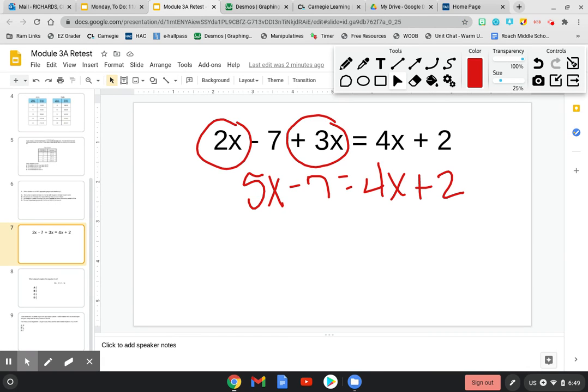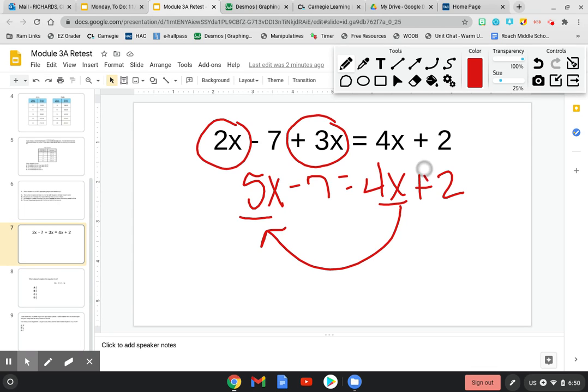If you would like to do it mathematically, guys, again, you still have your teammates. So for example, 5x and 4x are still teammates. If you want to move it over and you have to cross the equal sign, please remember to get rid of it, you have to do the opposite. It's like a balance beam: if you take it off one side, it has to be taken off the other. If you add it to one side, you have to add it to the other so that they stay balanced. So on here, I do want to move the 4x over.